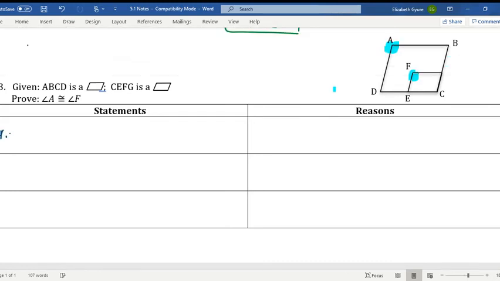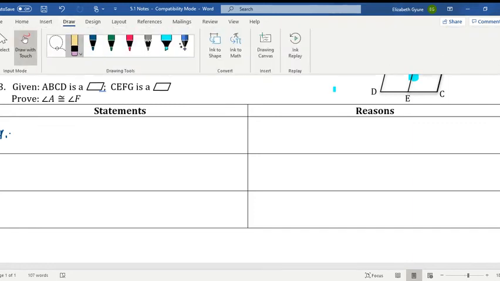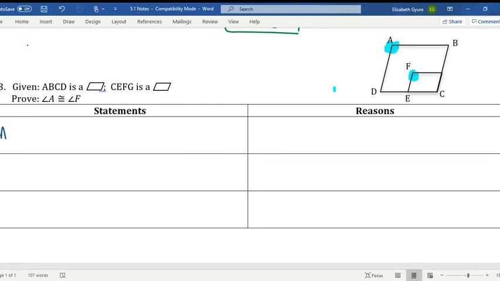ABCD is a parallelogram, and CEFG is a parallelogram. That is given.